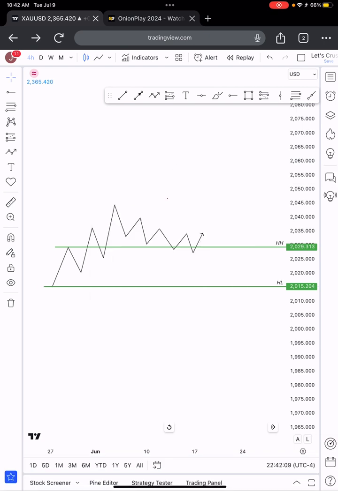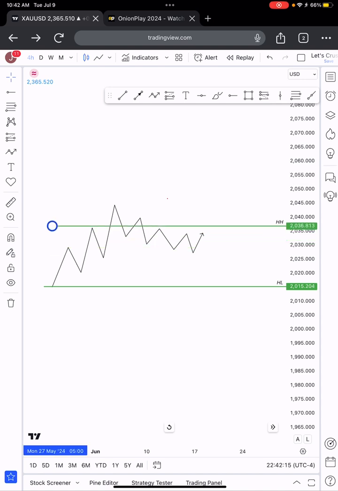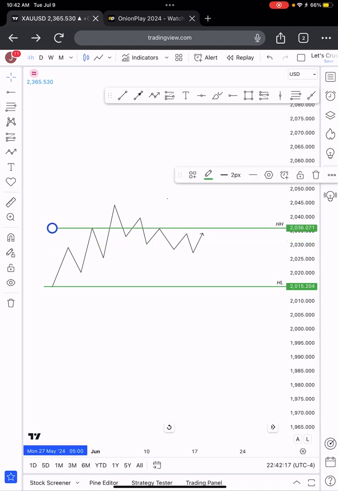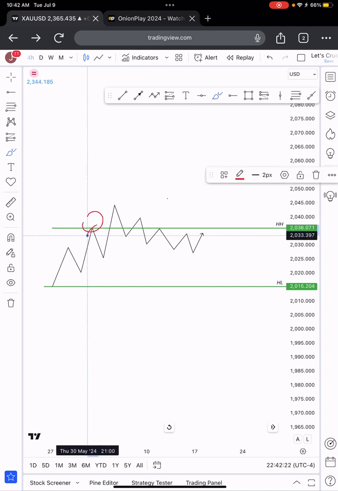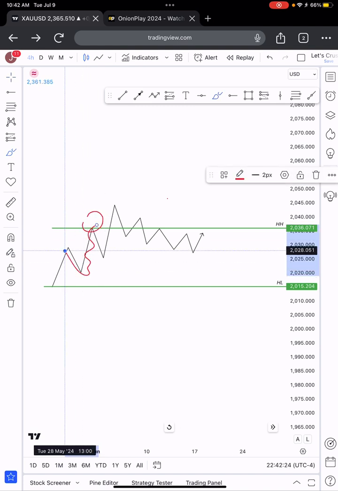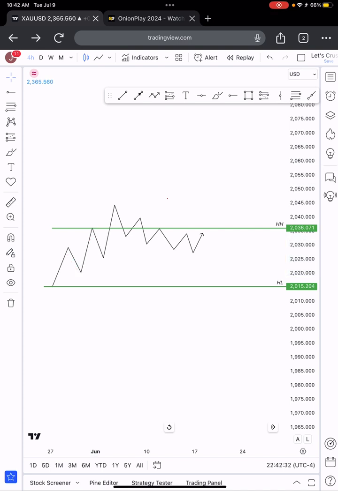And then as soon as you have a body close above, that turns into the new higher high, right? So this would go here, right? And then where would the higher low go, right? Again, if you don't know, you just circle it back until you have the first turn from the higher high, right? So that would go here.